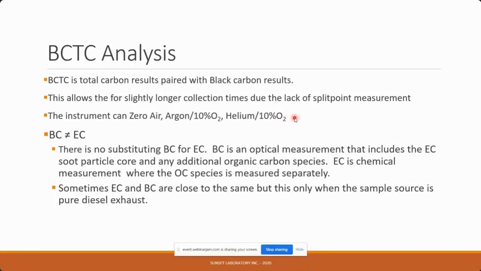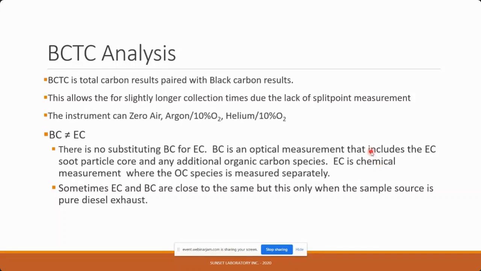However, the OCEC process versus the black carbon process allows the instrument to strip the organic species that might be interfering with your black carbon measurement off of the sample, or off of the aerosol, before it actually quantifies the elemental carbon. Elemental carbon measurement is a chemical measurement.